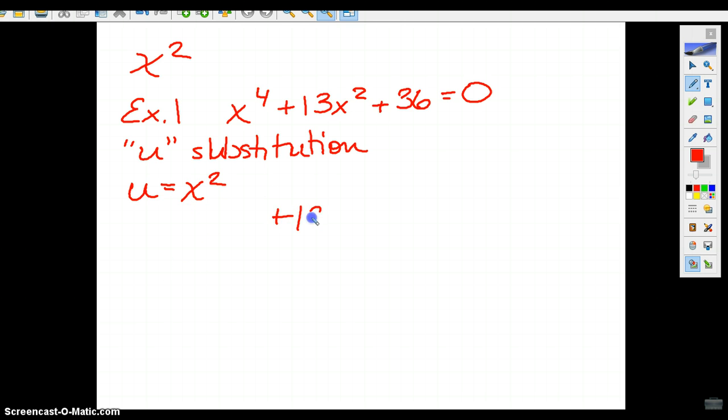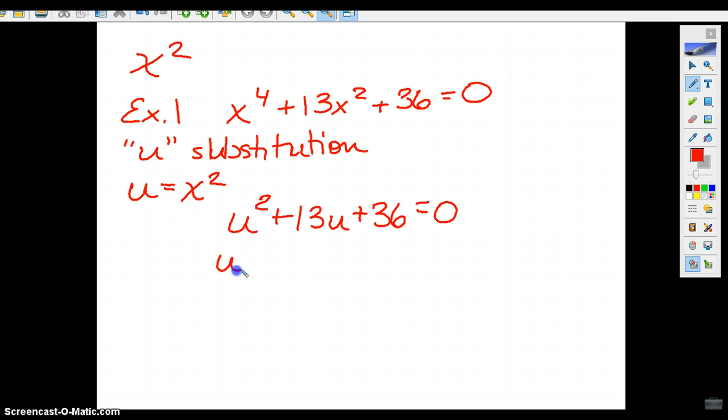So that would be 13u plus the 36 is equal to 0, and now I have to deal with the x to the 4th. Well, x to the 4th is really x squared squared. So this would be u squared.